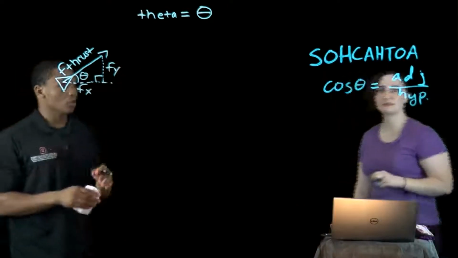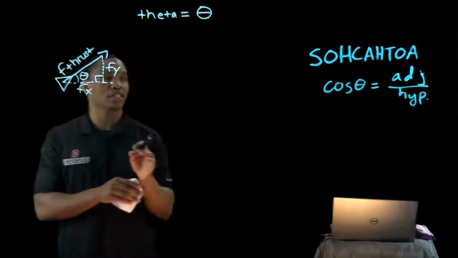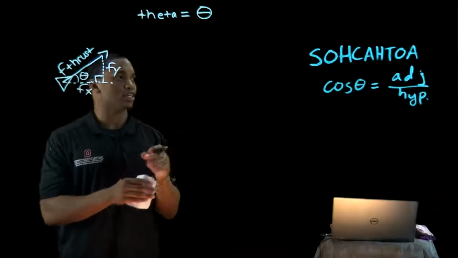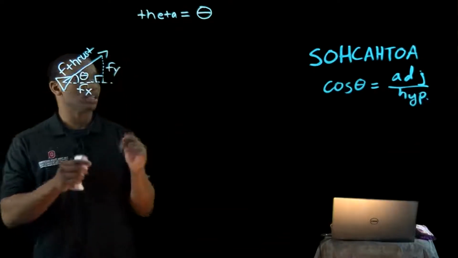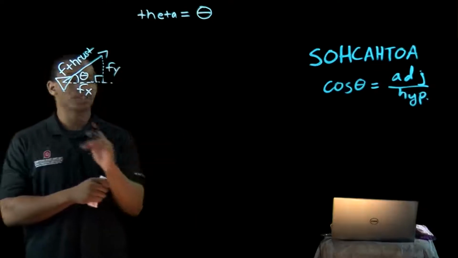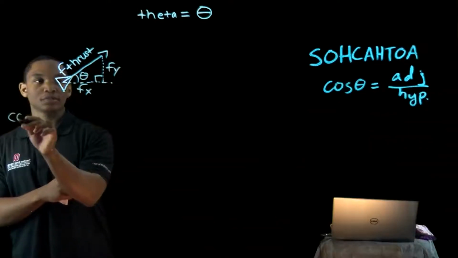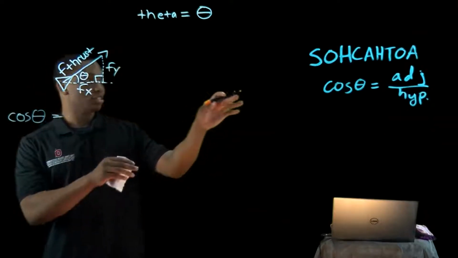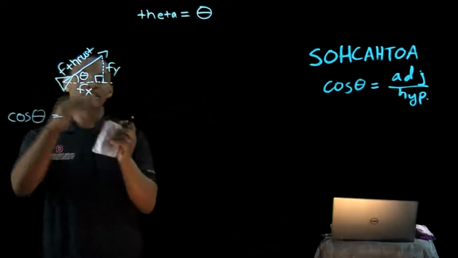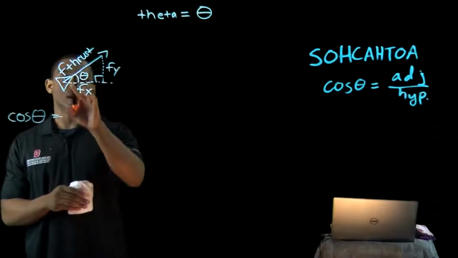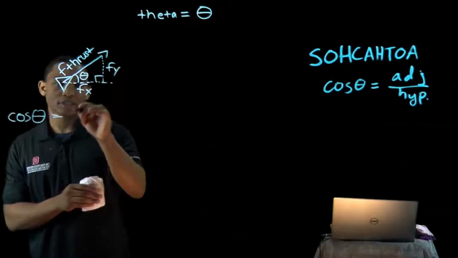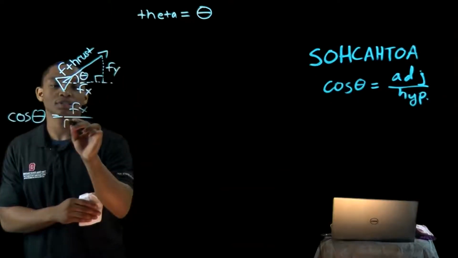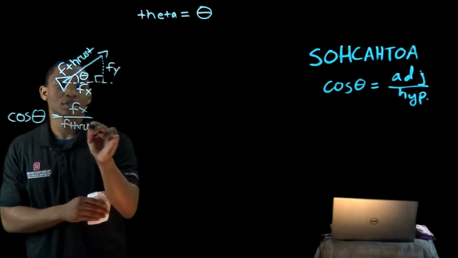So let's take that trig function and plug in our values of adjacent and hypotenuse, and let's see if we can do a little bit of algebra to get a particular value for F of x. So let's go cosine of theta equals, and we got our adjacent on top. Our adjacent in this particular scenario is F of x, so let's put F of x on top. Our hypotenuse is F thrust.